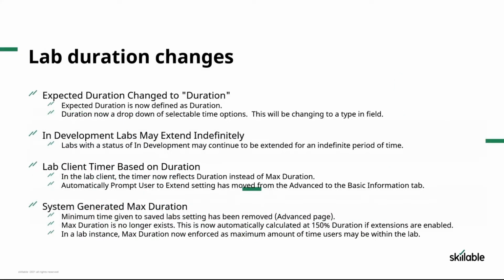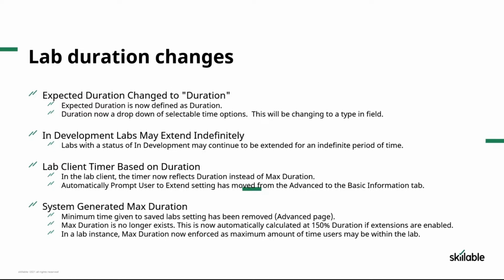So the lab duration changes: there've been a couple of significant changes to the lab profile configuration. Now, when we talk about the lab duration changes, we really did two things here. The first thing was to fix a bug in our platform.